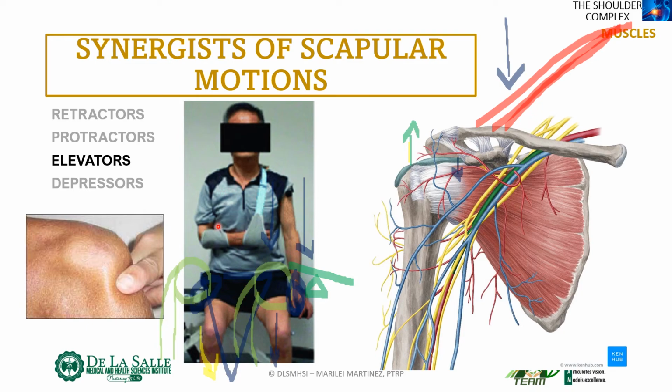That's why they may require a sling in order to prevent this. So this is just a picture of inferior subluxation at the level of the glenohumeral joint due to paralysis of these muscles that we have discussed. So for example, paralysis of the upper trapezius.